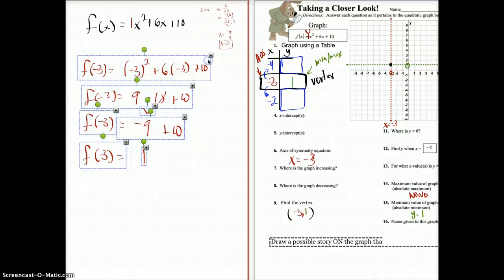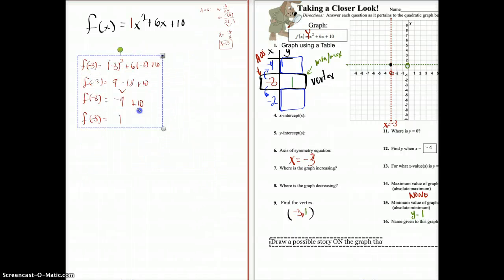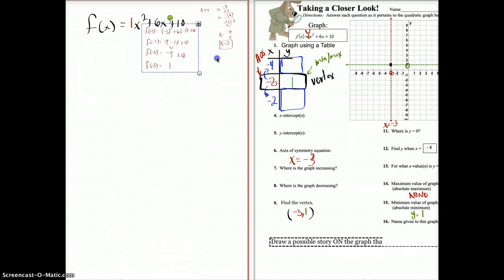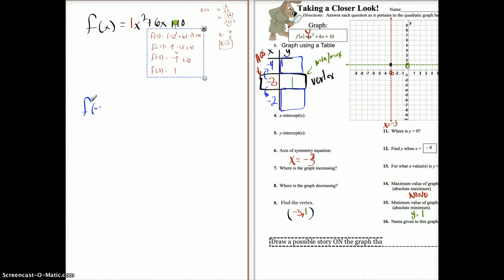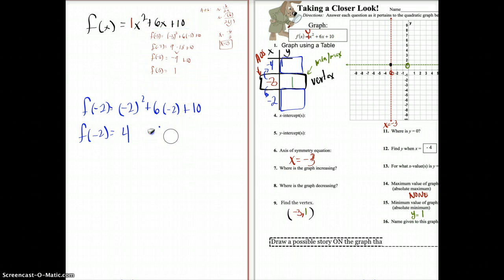Okay, so I'll do the same exact thing as I did here, but instead of putting in a -3, I'll put in a -2. So f of -2 equals -2 squared plus 6 times -2 plus 10. So f of -2 equals 4 minus 8 plus, oh, that's not -8, that's not right. 4, and then that should be what, -12. -12 plus 10.